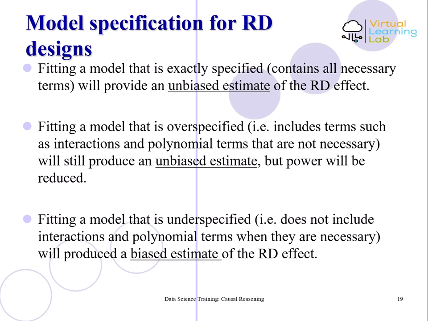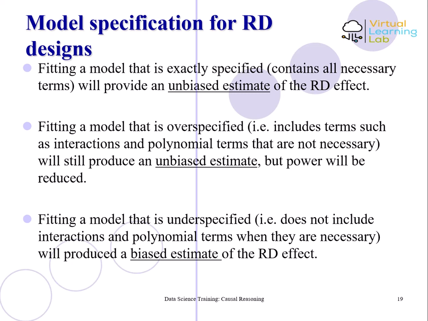Now, one thing to keep in mind with the regression discontinuity design is that it assumes that the relationship between the outcome y and the assignment variable x, in the absence of treatment, is modeled correctly. If you model it correctly, you obtain an unbiased estimate of the local average treatment effect.